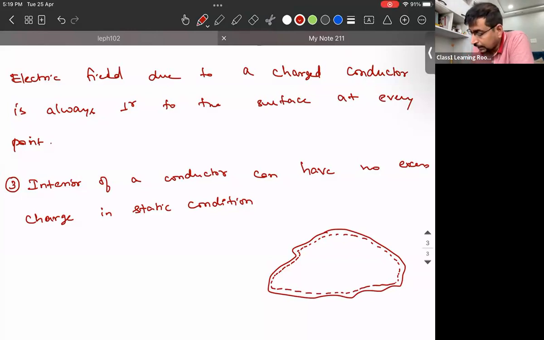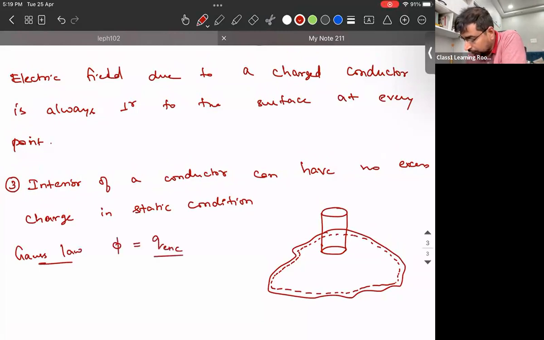I will consider a Gaussian surface in such a way that half the portion is out of the conductor and half is inside the conductor. Now, according to Gauss law, the total flux through the conductor is equal to the charge enclosed by the Gaussian surface divided by epsilon naught.